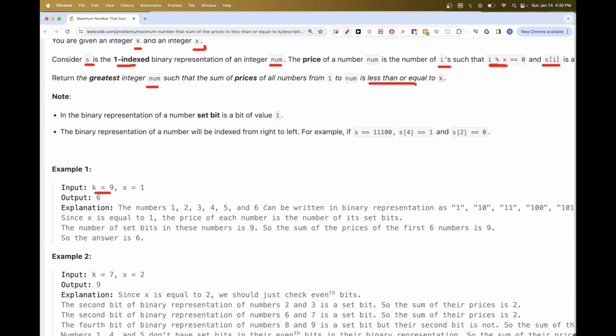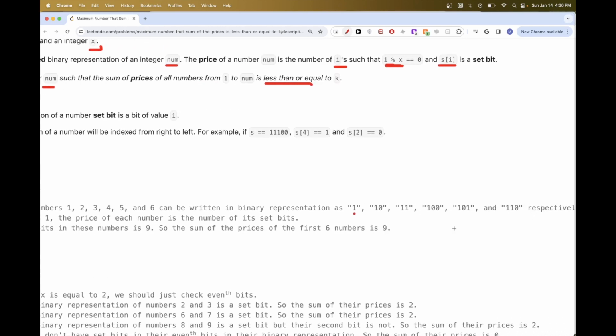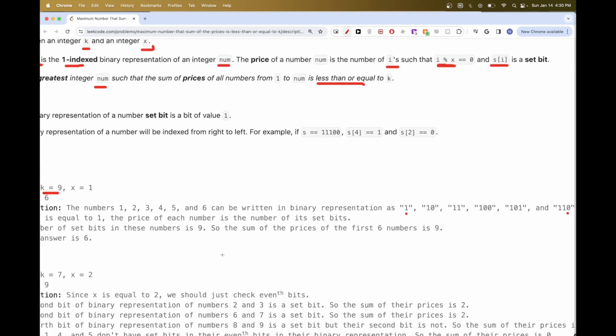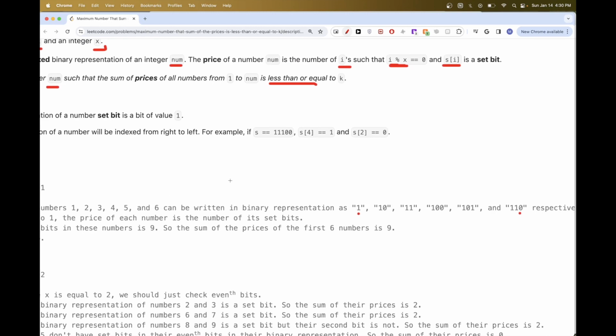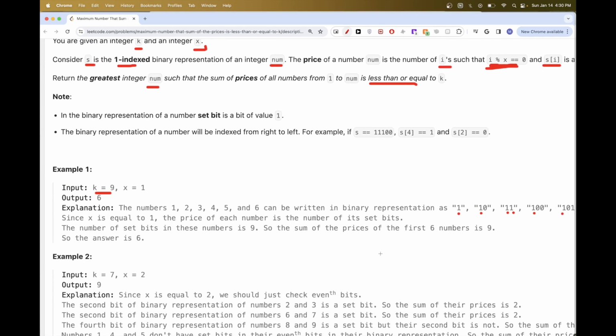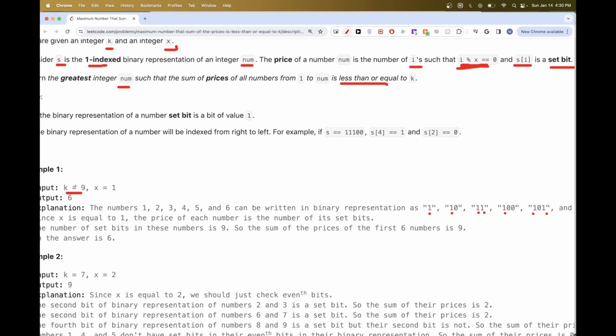If we take the binary representations from 1 to 6, with x equal to 1, every position is divisible by 1, so we can consider all bits that are set. In that case we have 1, 2, 3, 4, 5, 6, 7, 8, 9, so we have 9 set bits, which is exactly less than or equal to k.